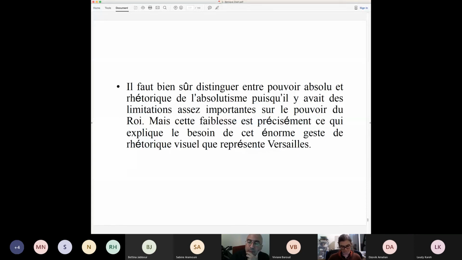There must be a little, to minimize slightly the point, is that we should distinguish between absolute power and the rhetoric of absolutism.